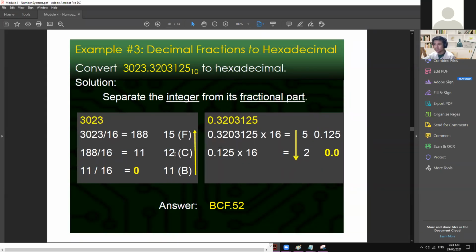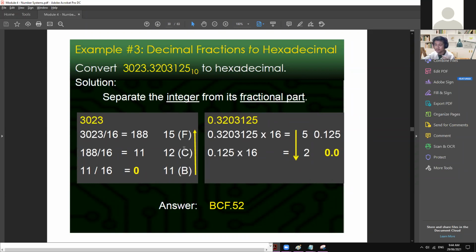And then you can convert this one right away into C. Then 11 divided by 16 cannot be, so you put 0 here, and whatever is the final number right here will be your final remainder. Then you can convert this 11 into B, and then read this one from bottom to top. So the final answer for the whole number is BCF.